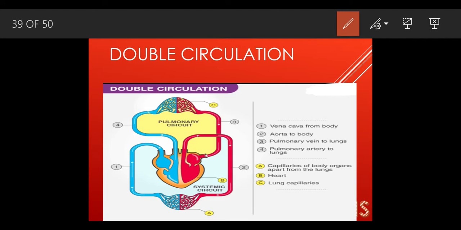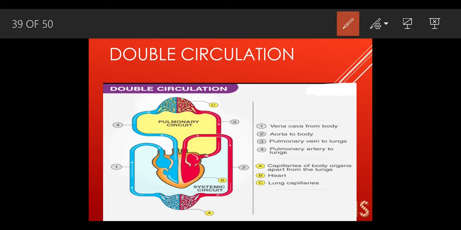So basically, if you assume this fourth and third, the fourth one is the pulmonary artery, and the third one is the pulmonary vein. So that is why it is called the pulmonary circulation. The word pulmonary means lungs.